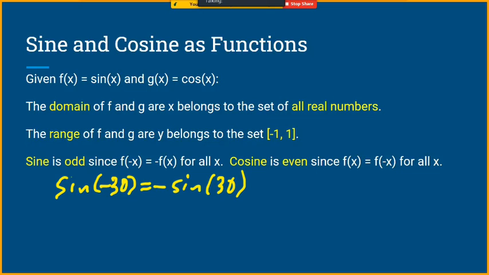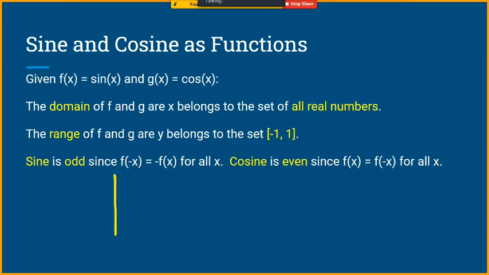Actually, it wouldn't matter, but we'll use degrees. Because the sine of 30 is 1/2, so that's -1/2, and the sine of -30 is -1/2 because it's in quadrant 4 with a 30-degree reference angle. So this property is true for all values that you plug in for sine, because sine is an odd function.